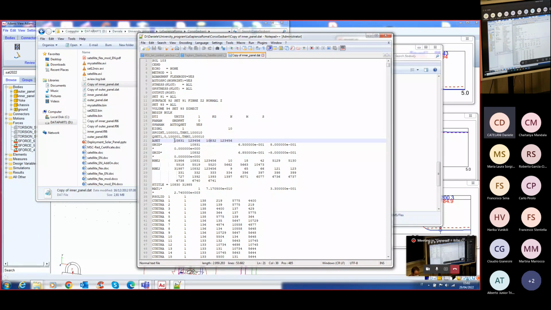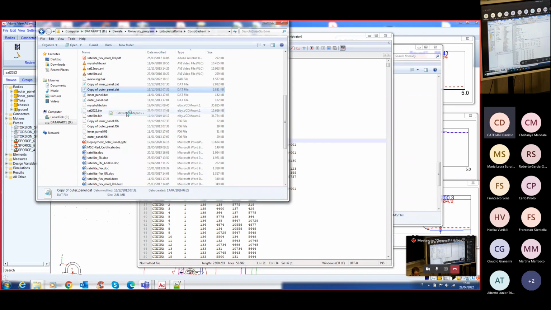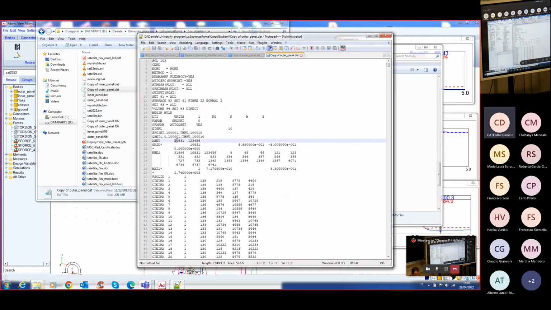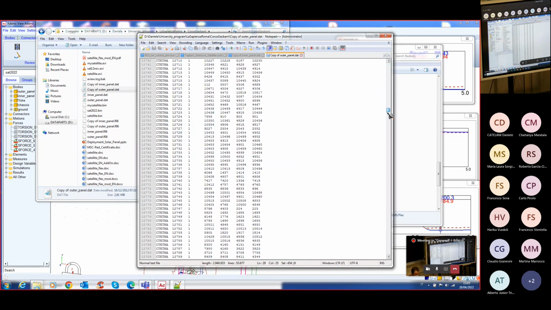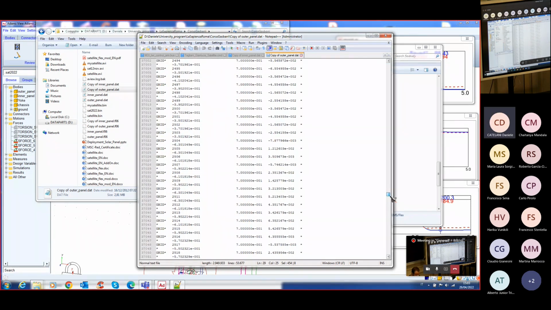In the inner panel, we have two master nodes, one for the connection to the yoke and one for the connection to the outer panel. In the outer panel, we have only one interface node because we have only the connection with the inner panel. The rest of the file contains the description of the material, type of element, and nodes.